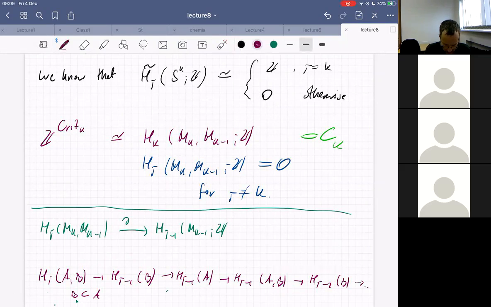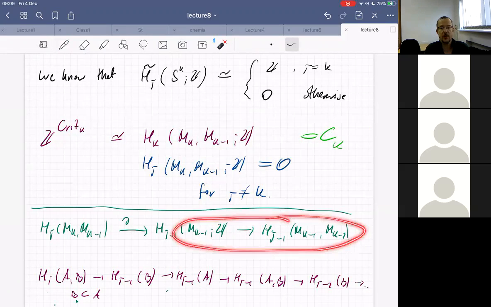And then you can map it to HJ minus 1 of (MK minus 1, MK minus 2). This is also a map of a long exact sequence of a pair, but of a different long exact sequence.